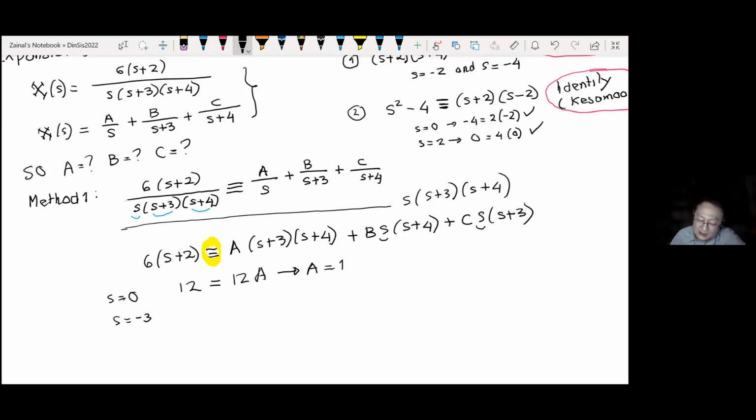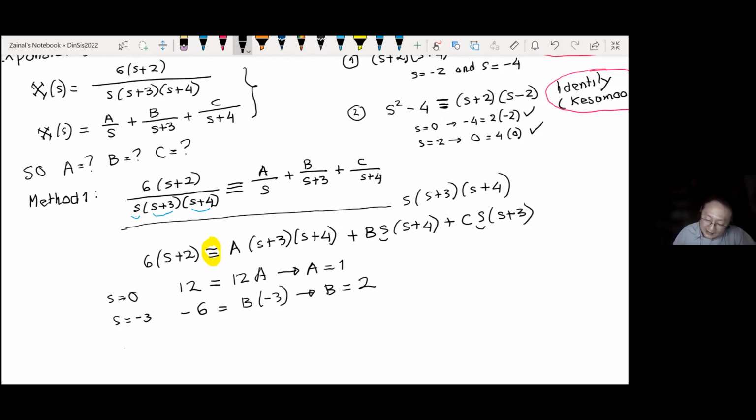Then this one is minus 1, so this one is minus 6 is equal to, this one becomes 0, because s plus 3 is 0. This one is also 0. So you get b multiplied by minus 3, multiplied by 1. Minus 3 plus 4 is 1. Therefore b is equal to minus 6 divided by minus 3, which is 2.